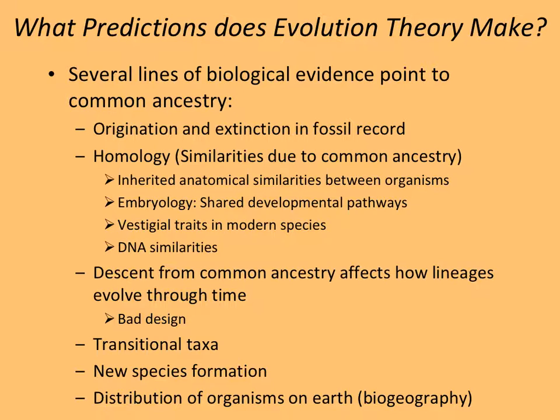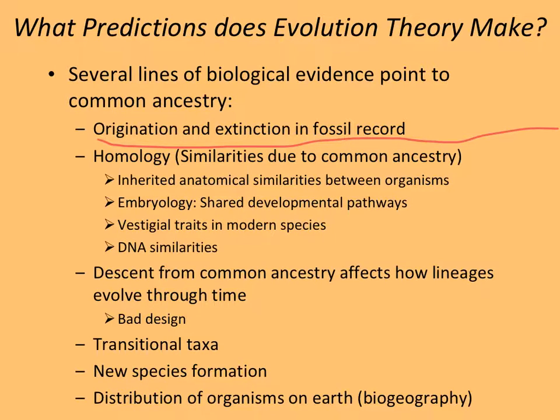He said 5 points, and then he pointed out different predictions that you can make, and you should find these sorts of things if evolution by natural selection is actually true. First of all, you should definitely find in the fossil record origination and extinction.